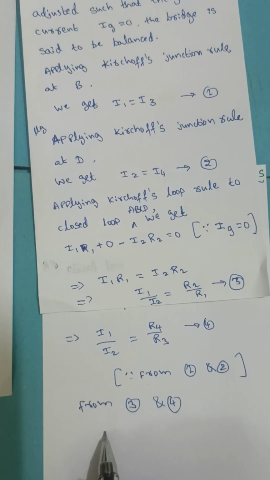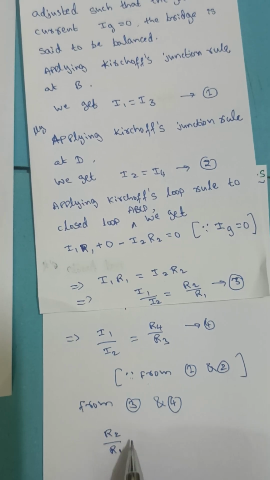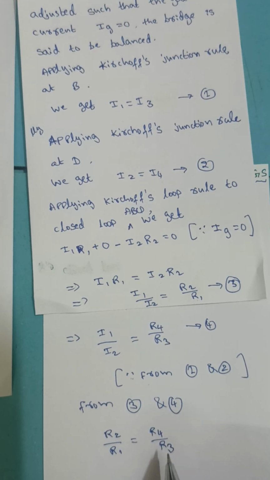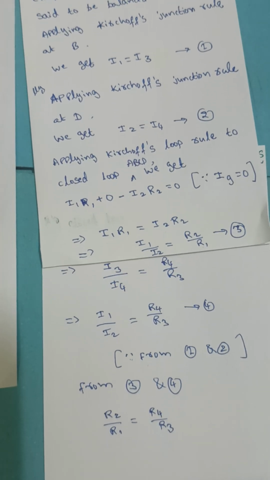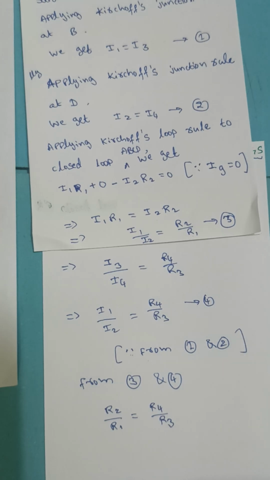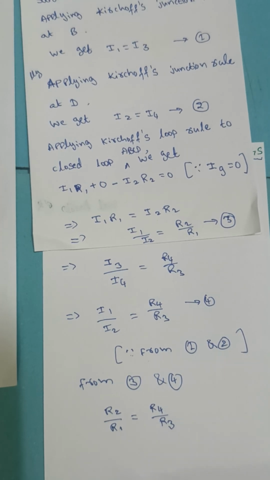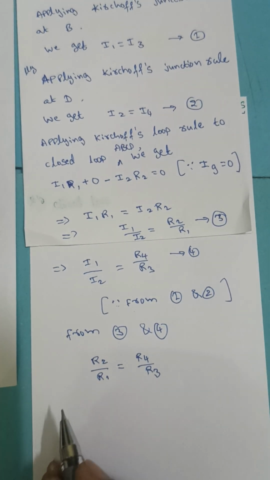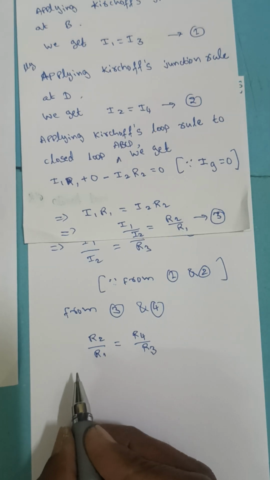This is the balance condition of the Wheatstone bridge to make Ig equal to 0.